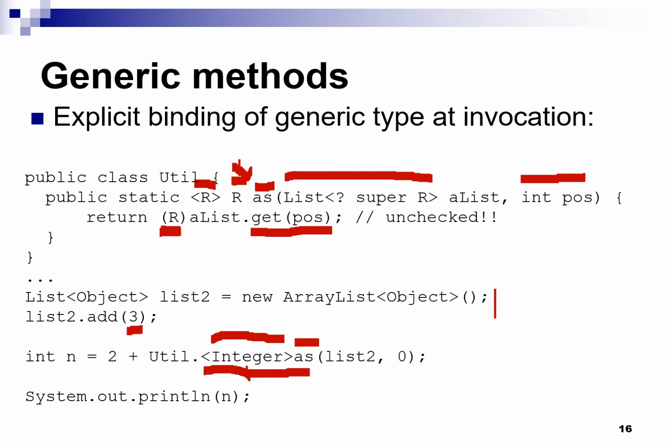So Util is the name of the class, because as is a static method, I can put here as, but to specify the value for the generic arguments, I put here the brackets and then the value of the specific type, which is Integer in this case. This execution doesn't fail because the casting will succeed because I have here an integer.